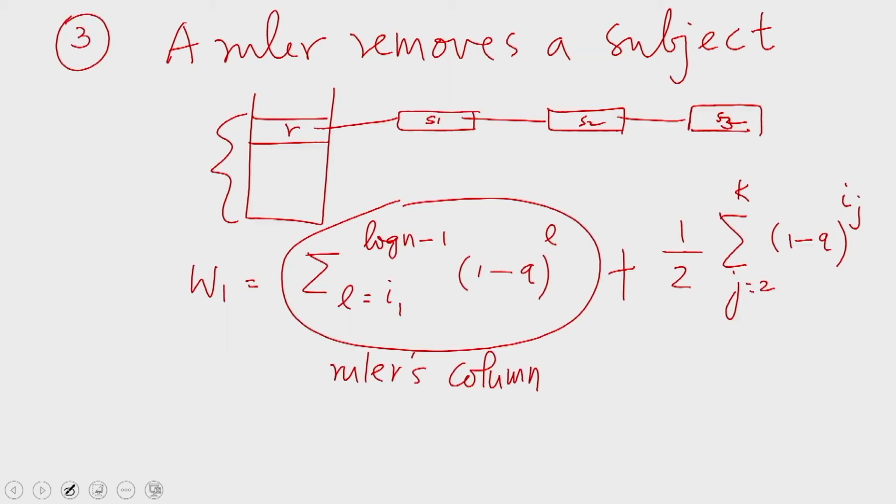In the second term, I have the summation from 2 to k of 1 minus q power ij. So, this is 1 minus q power I2, 1 minus q power I3, etc., summed up and then divided by 2.